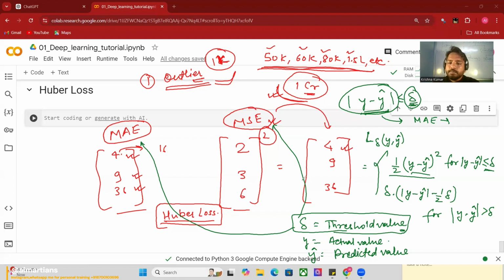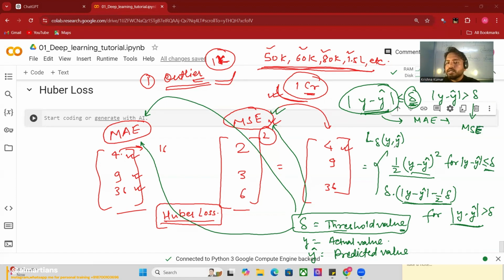The Huber loss simply uses MAE if the value of y minus y cap is smaller than delta. If y minus y cap is greater than this delta, it will simply give you an MSE kind of operation.